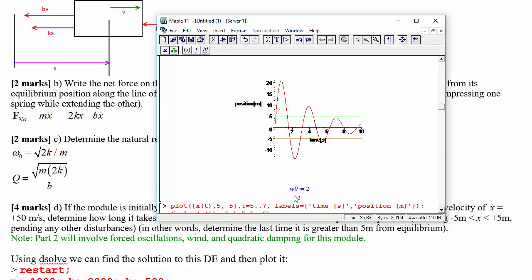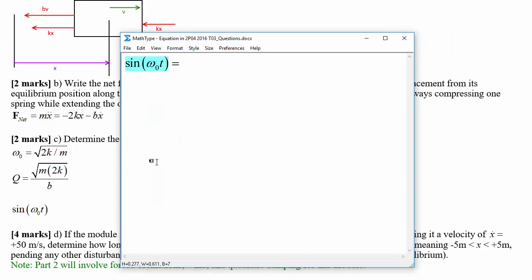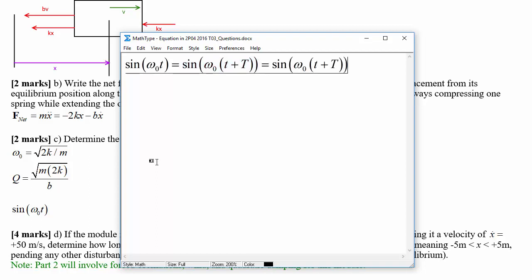We'd have sine of omega naught times t, and the period of sine is 2 pi, so this would repeat. If you wanted to see how often this would repeat, think about the whole thing repeating whenever time goes through enough to make this whole thing equal to 2 pi of a shift.